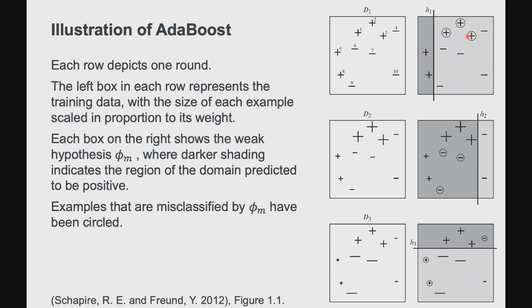And now here we have circled the wrong decisions. And because these decisions are wrong, the weights of these data points are increased. So the pluses now become larger, and relatively speaking, the weights of the other data points are reduced. So that's why this plus is now smaller than before, and this plus is now larger than before, relatively speaking to each other, based on renormalization.